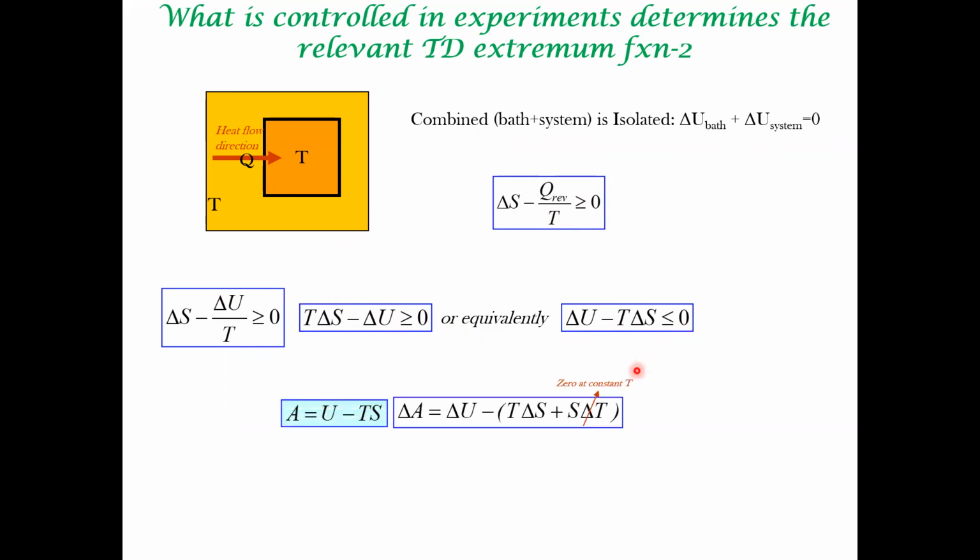With another simple change, what is the change I'm looking at? I'm introducing a new variable, a new thermodynamic function. Again, this is the Helmholtz free energy that we defined in the previous lecture as U minus TS.